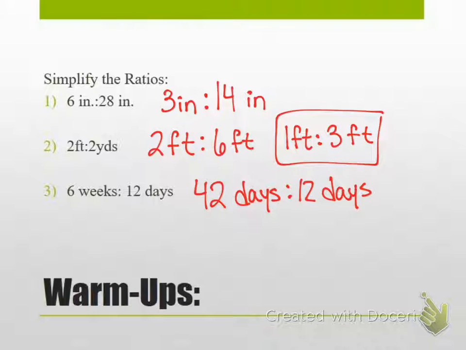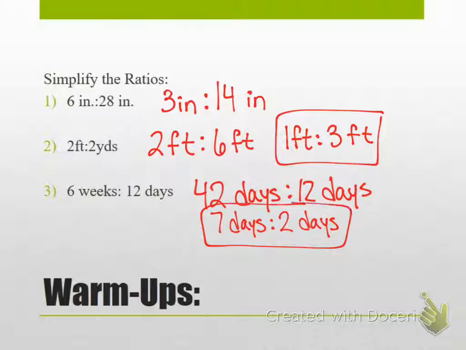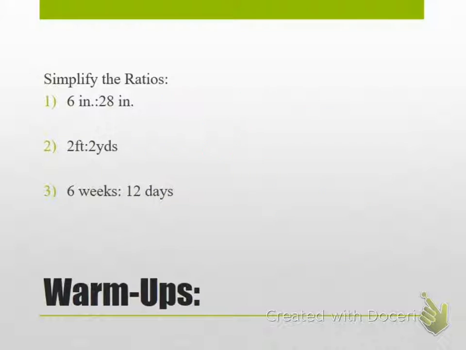I don't know that they can both be divided by 4. How about 6? Yeah, I like 6 better. 42 divided by 6. 7 days compared to 2 days. Questions about simplifying ratios? Okay, then we will continue on.